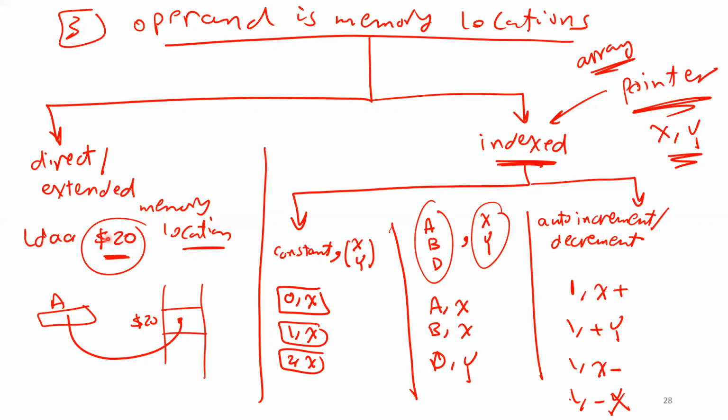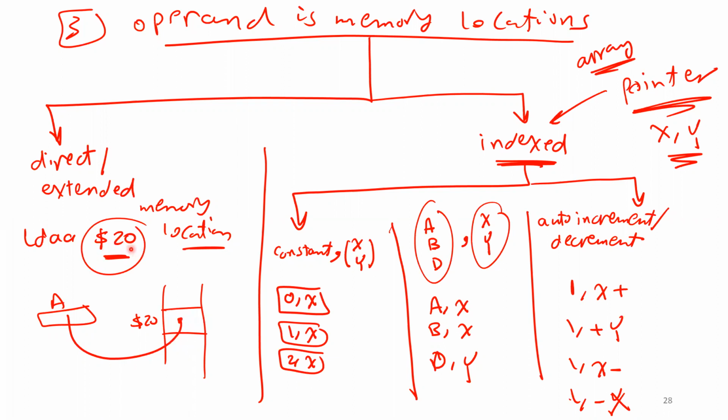That's it. So for example, if you see the number 20 this way, that means it's a memory location, and this is the address. When I say load register A, 20, this way, what does it mean? It means I'm going to copy a byte from the memory location number 20.